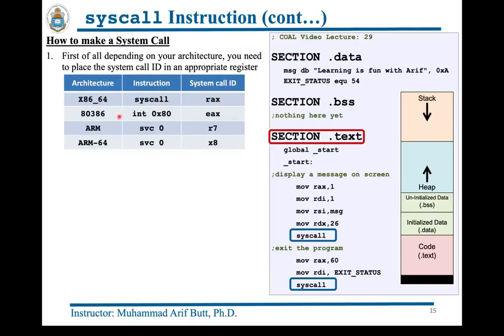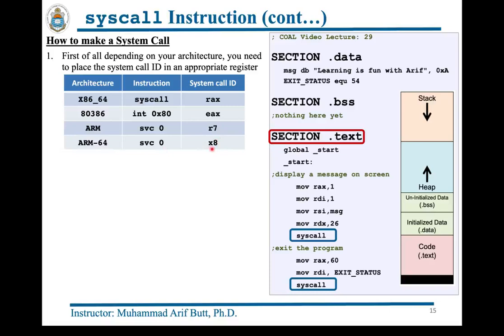If you are using the 32-bit x86, it needs to be placed in the EAX register. If you are using the ARM CPU, it needs to be placed in R7. And if you are using ARM 64, it needs to be placed in X8.